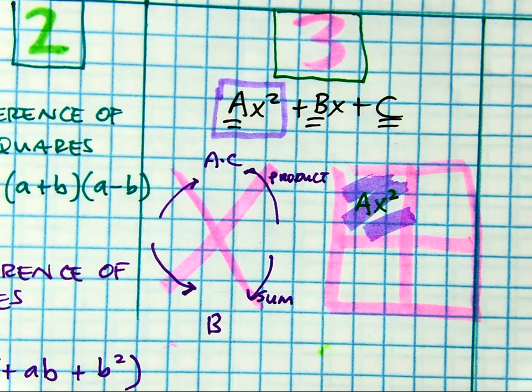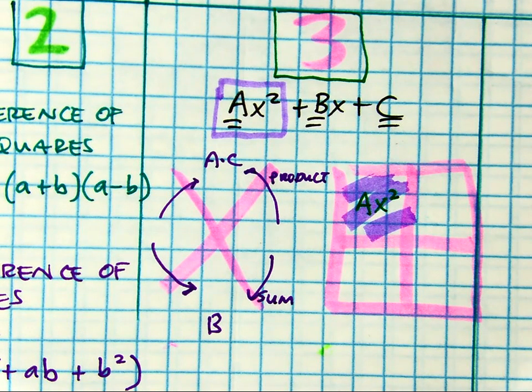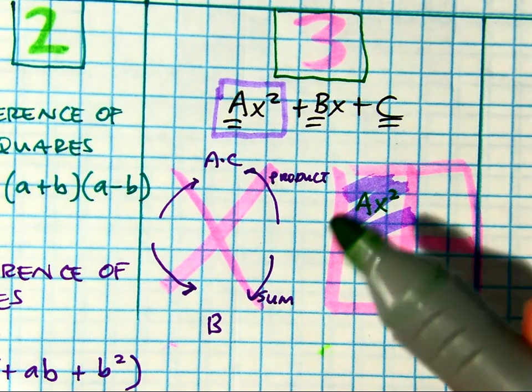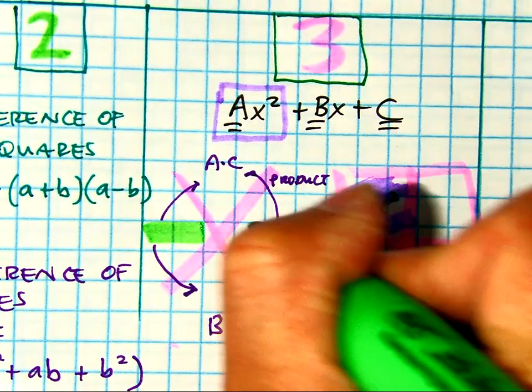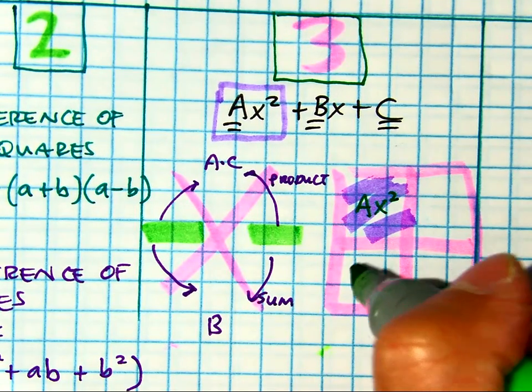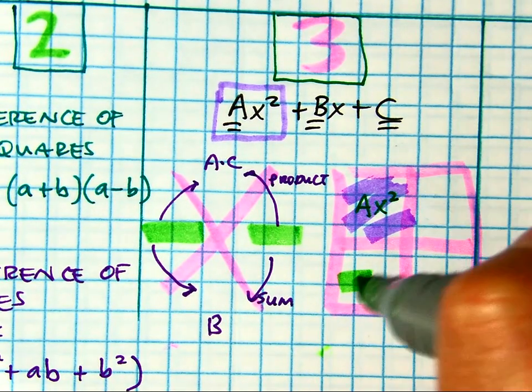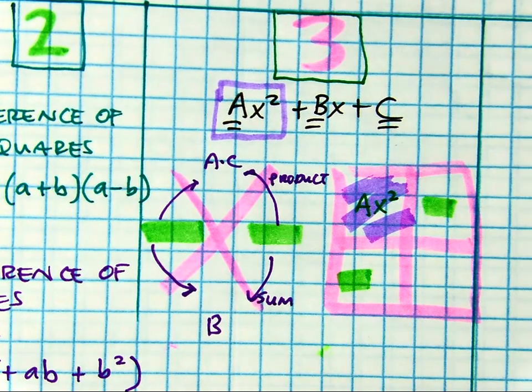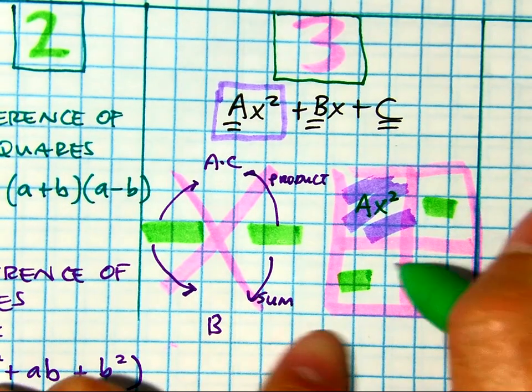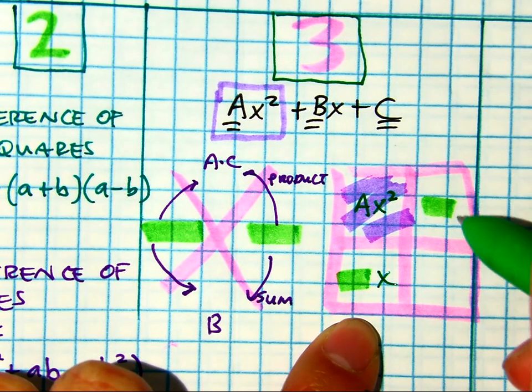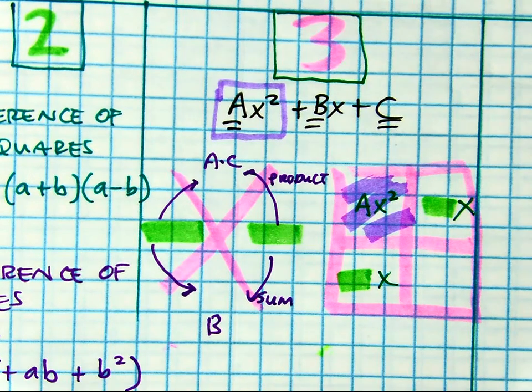Whatever you get in here, these will always go in the bottom left and the top right, and you'll add an x to it. And then always, always, always, the last one will always be your c value. It'll always go here.